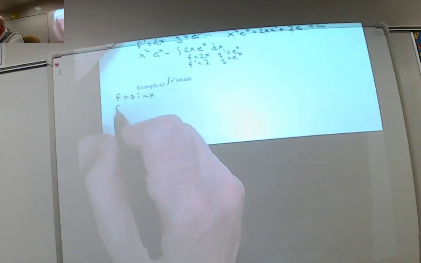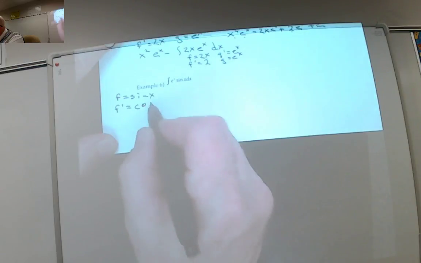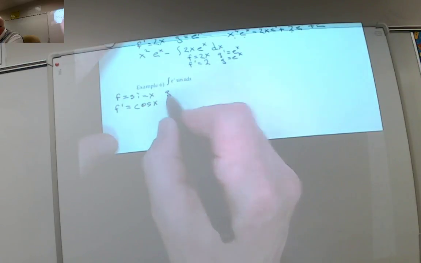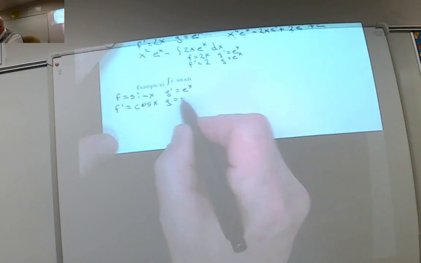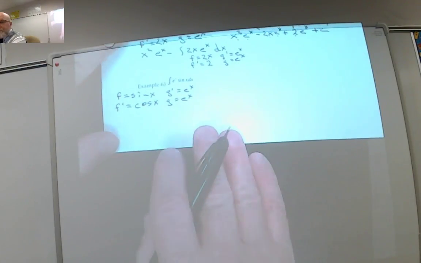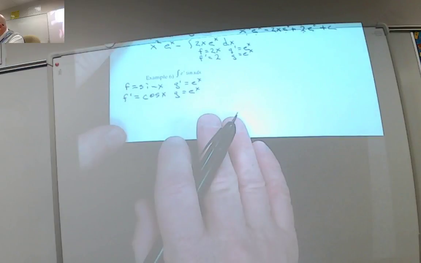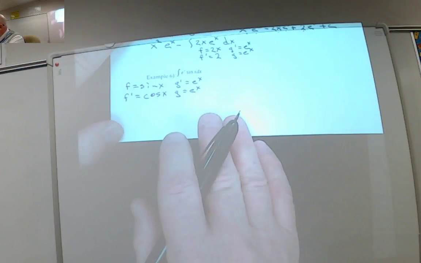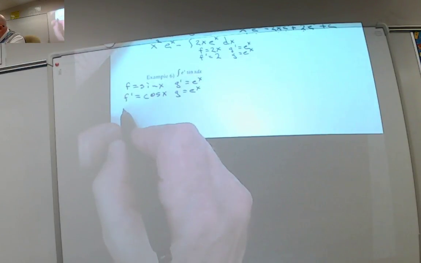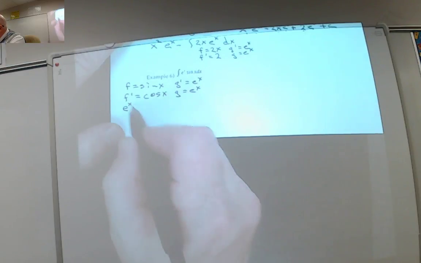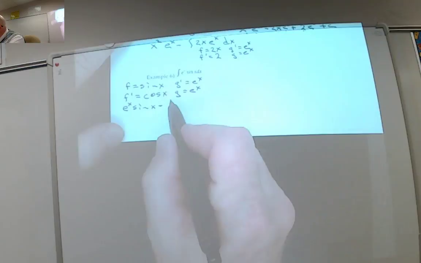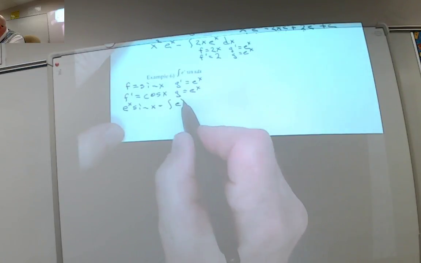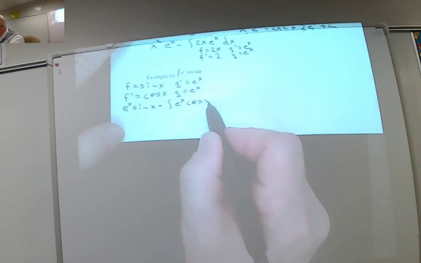So that means f prime is going to be the cosine of x. g prime will be e to the x, and g will be e to the x. So I'm going to start out with f times g, which is e to the x sine of x, minus e to the x cosine x dx.